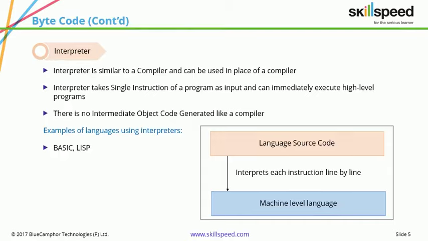However, if it is a language which uses interpreters, then the interpreter interprets line by line and converts each line into the lower level program. That's another major difference between a compiler and an interpreter.